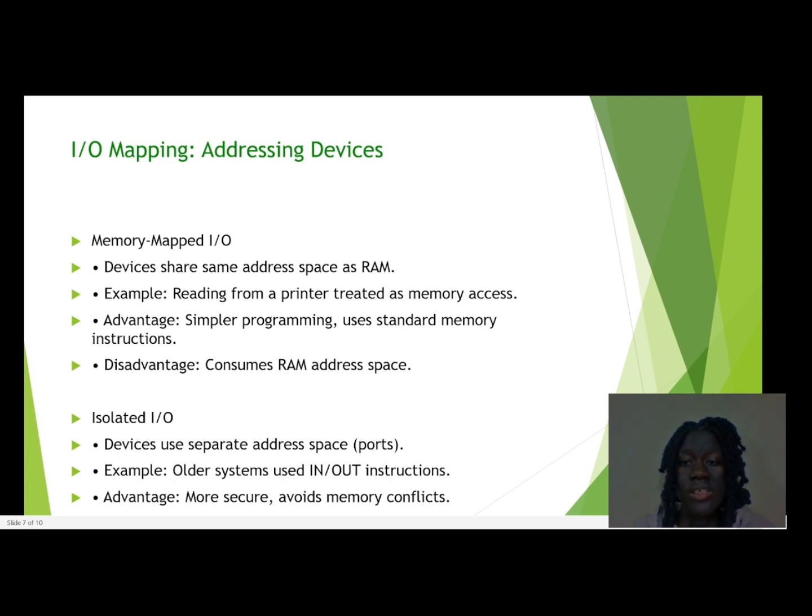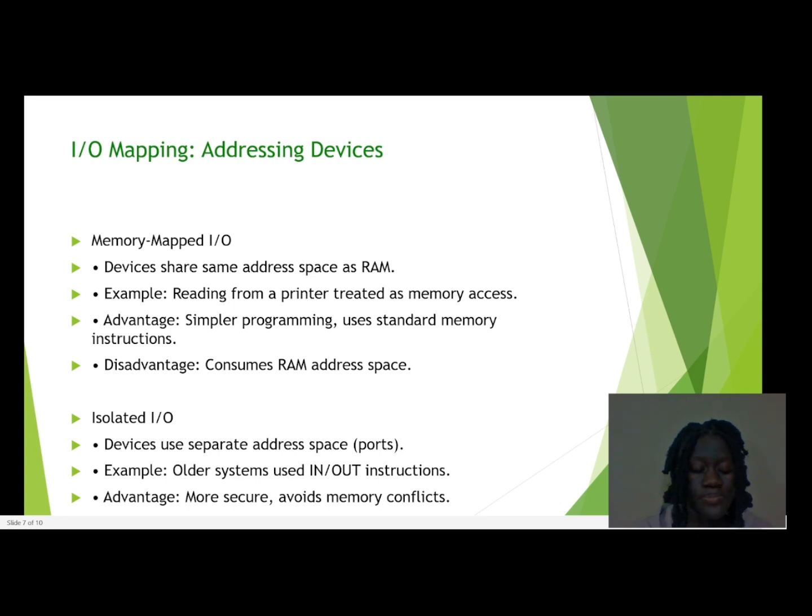But it is complex since you can't use memory instructions. You have to use special instructions to maneuver your way around it. Most systems in Ghana, like biometric scanners for voter registration and ATMs, use memory mapped I/O because of its ease of use and speed.